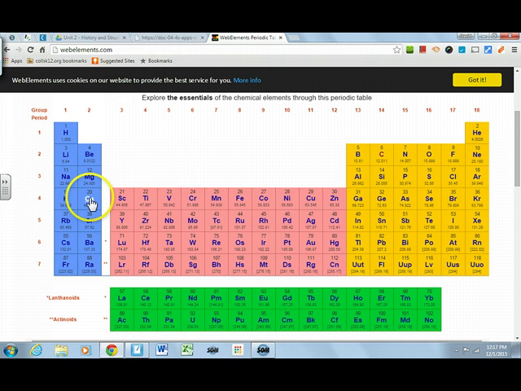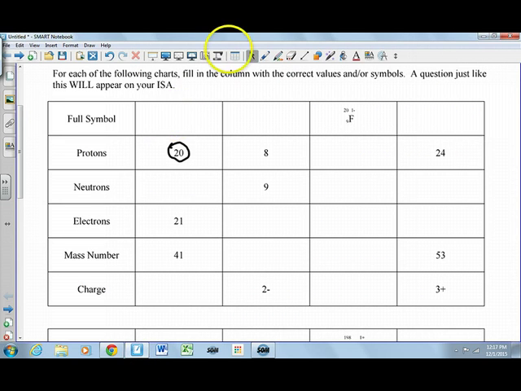Element number 20 here is calcium, so I'm going to put calcium there. The number of protons goes down in that corner, so the full symbol, or what we would write as the nuclide symbol, has Ca with 20 in the corner. Now, the number of neutrons.